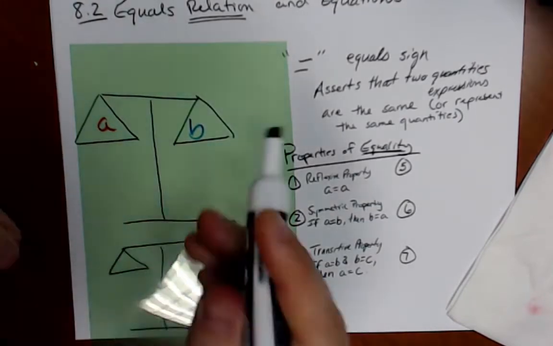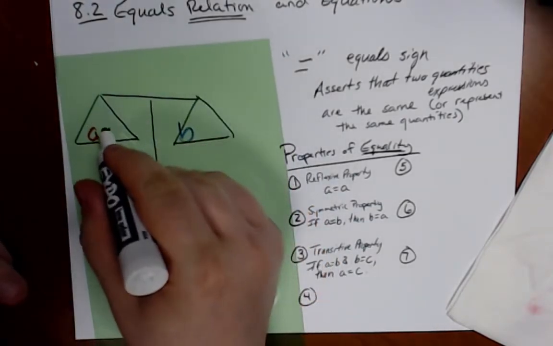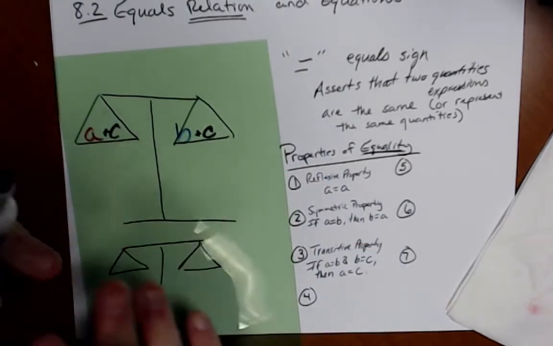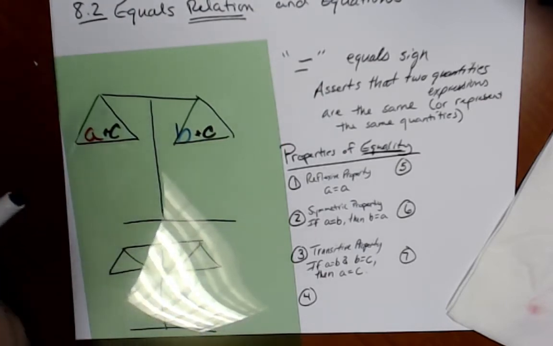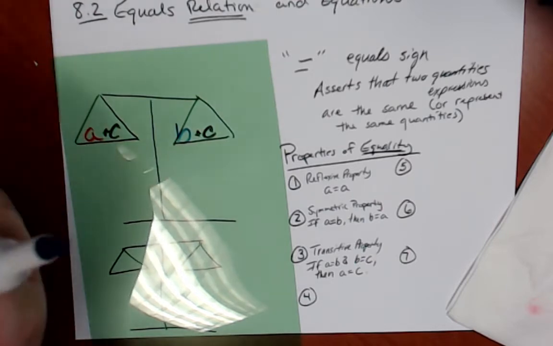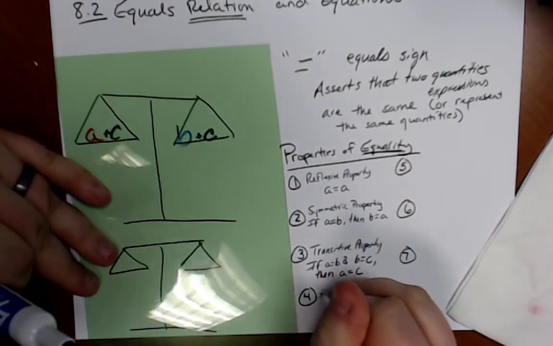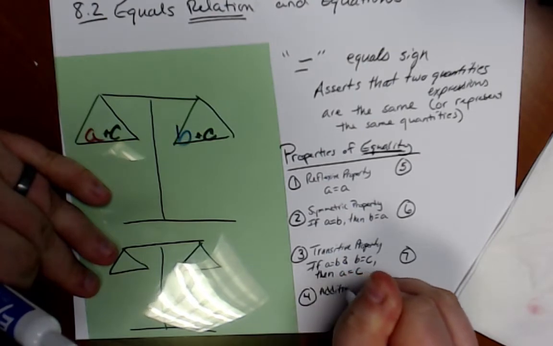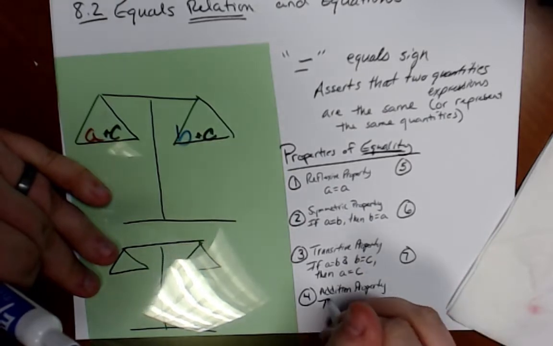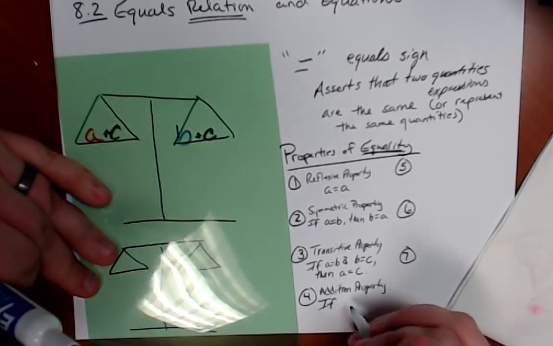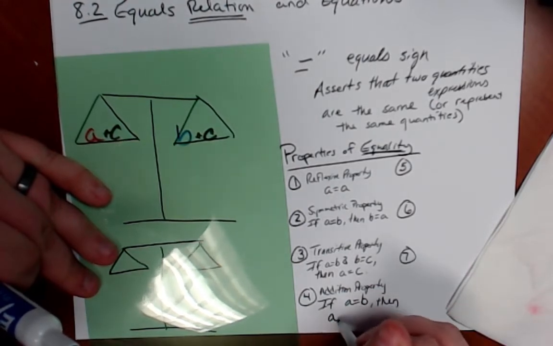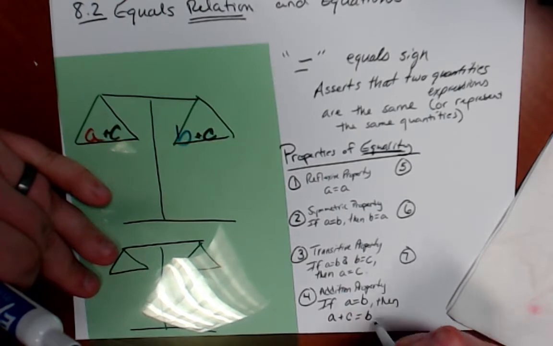A equals B. Then if we add a C to both sides, A plus C does in fact equal B plus C. And this is called the addition property. If A equals B, then A plus C is the same as B plus C.